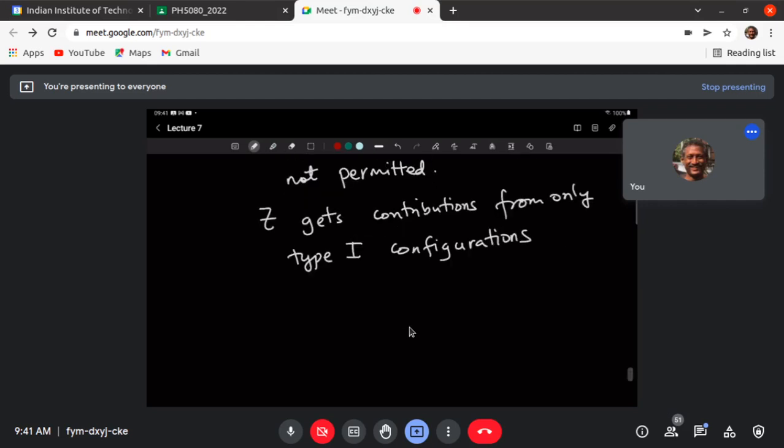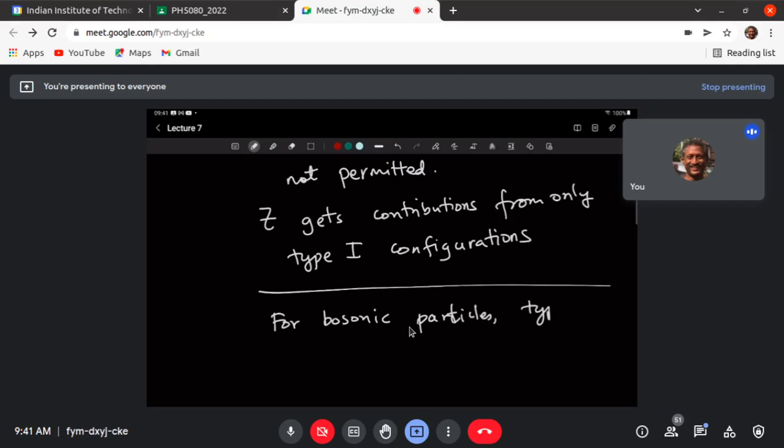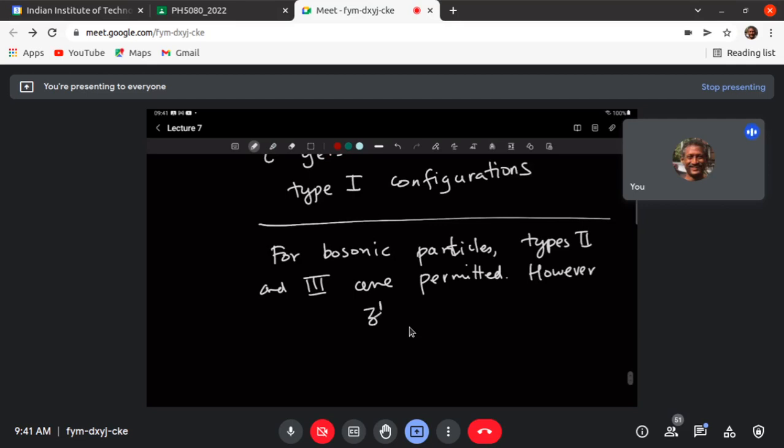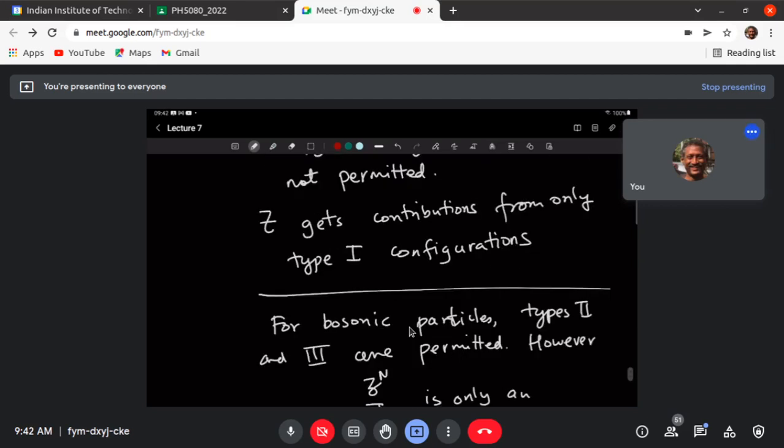Okay. Also, for bosonic particles, type 2, type 3 are allowed. Okay. However, Z power n by n factorial is only an approximation, because as I mentioned, you're getting for type 2, type 3 the wrong configuration count.